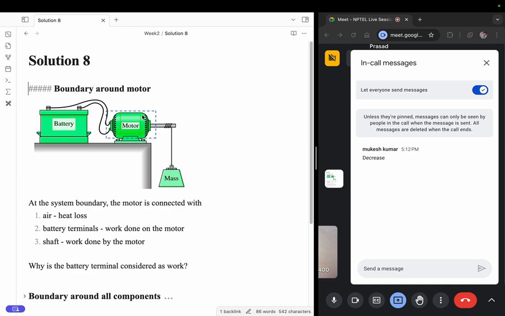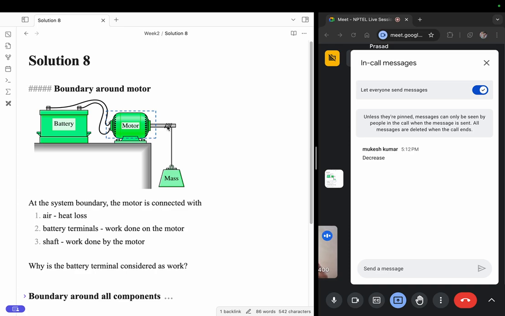First you have to identify what all things are crossing the boundary. That is done. Let's say I have identified these three things. The next thing is I need to understand where heat is happening and where work is happening. Now first consider this shaft. What is happening at the shaft? As the shaft is rotating, the thread attached to it will roll itself onto the shaft and then the mass will raise.